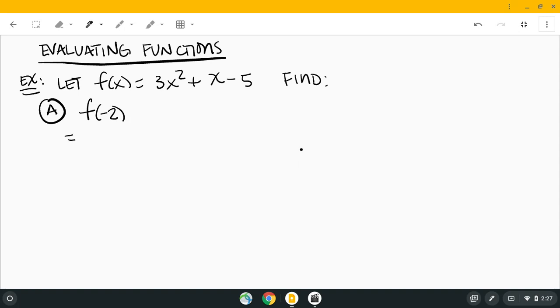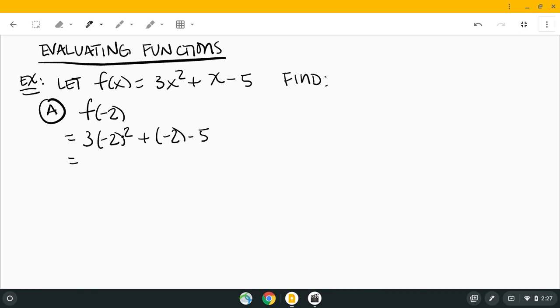So instead of writing 3x squared, I'm going to write 3 times negative 2 squared, and then plus negative 2 minus 5. So all I did was replace all of the x's with negative 2. And then we work this out.